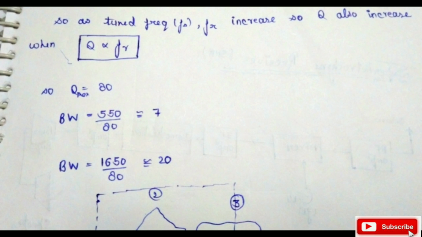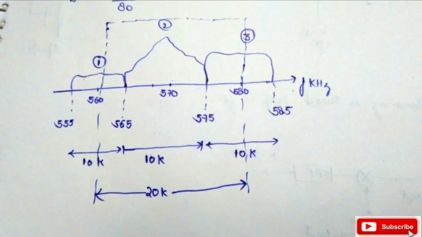So this is the problem in the tuned radio frequency receiver, that we are not getting the desired result according to what we need, because once the quality factor is fixed then it will create a problem in the bandwidth, and if we fix the bandwidth then there is a problem in the quality factor in the high frequency.